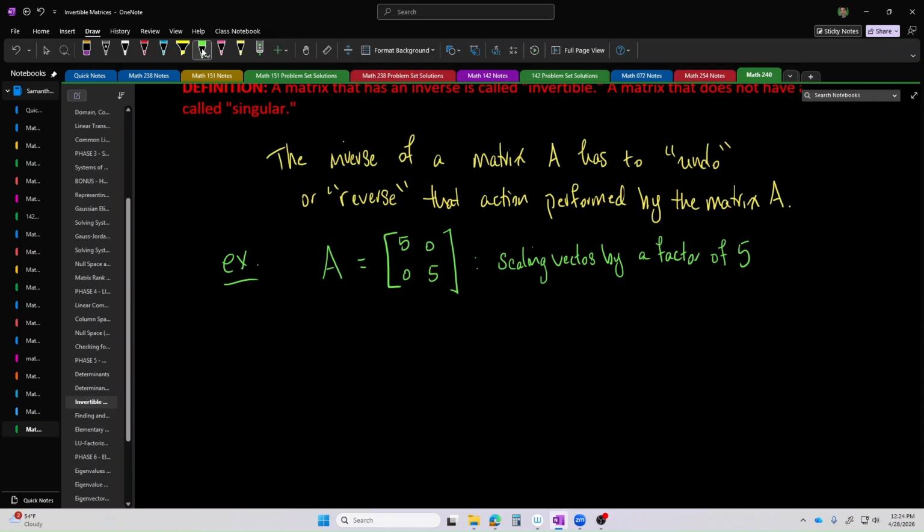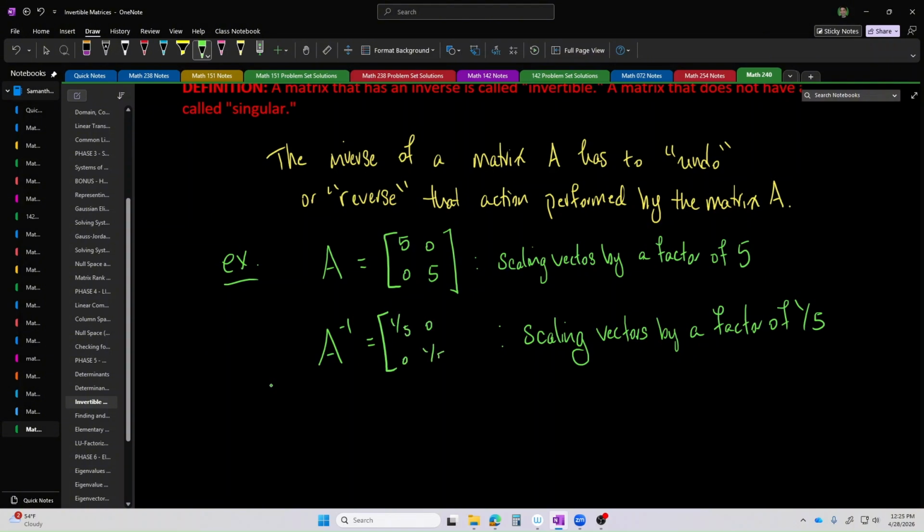Now, if I wanted to undo or reverse that action, I would have to shrink the vectors and make them 5 times shorter. If I wanted to undo the action of this matrix A, I would have to scale vectors by a factor of 1/5.